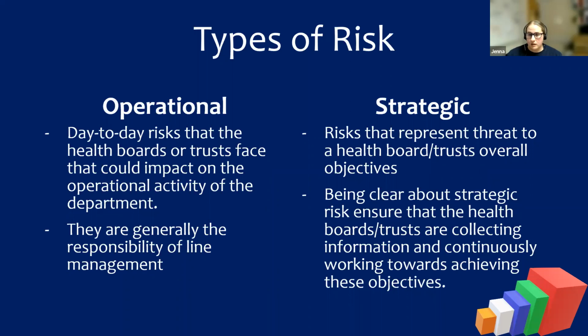I know that in Gloucester's health board, they have strategic objectives of driving research and digital future. But the risk would be the health boards not achieving those goals. And sometimes it can be spread across both operational and strategic. So it doesn't just have to fall into one separate domain, it can fall into multiple domains.